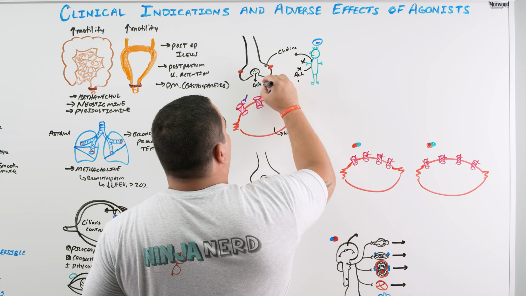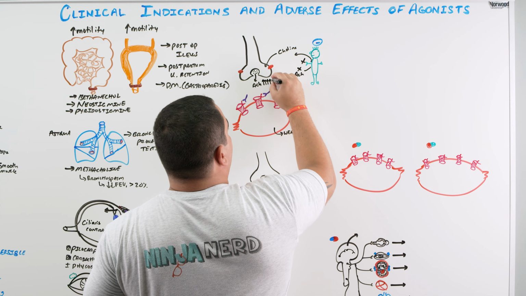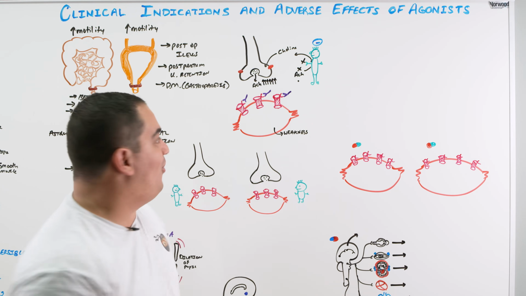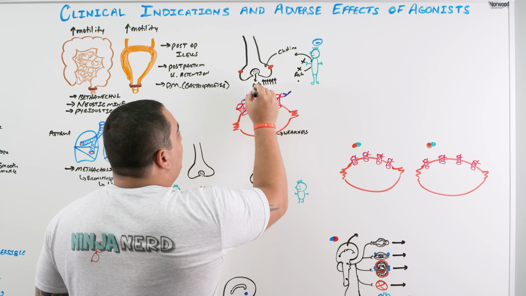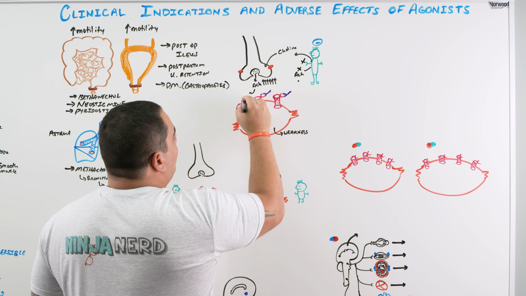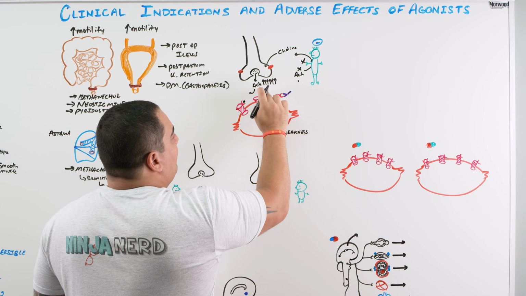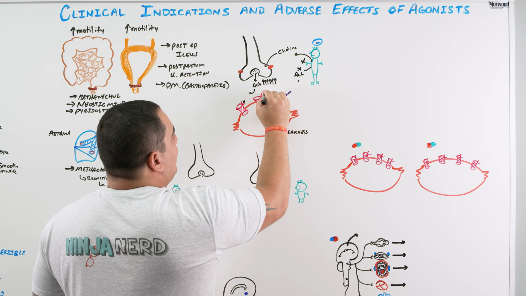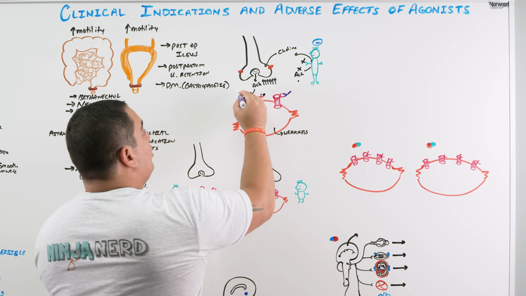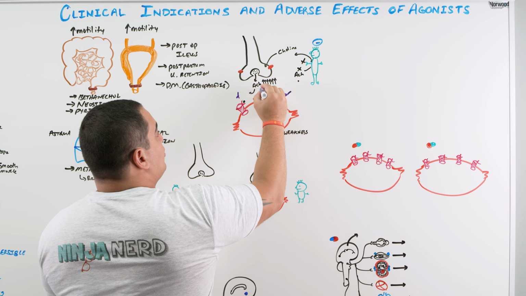If I do that, I start increasing acetylcholine in the synapse. So much so that it starts competing with the antibodies and knocking these antibodies out of that site. And if I start beating some of the antibodies out of that site, then acetylcholine will potentially be able to bind to these receptors.